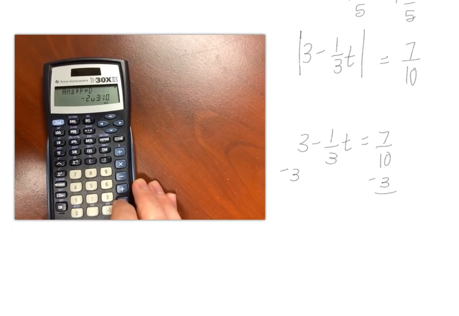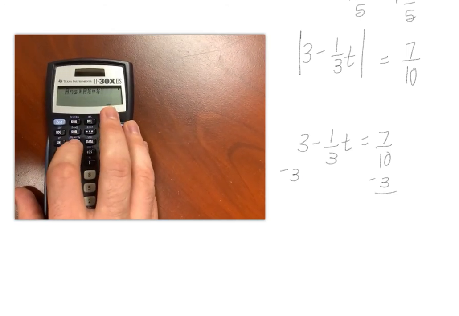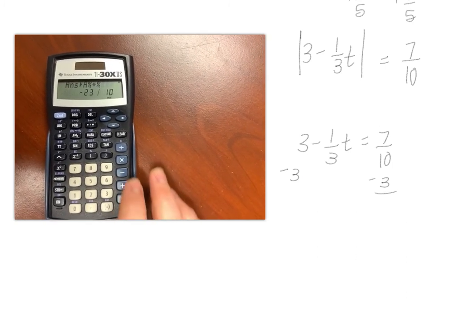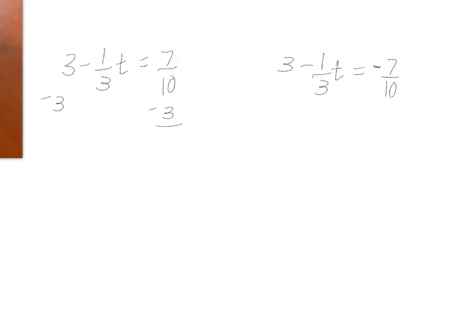That's a mixed number, negative 2 3/10, and then press second, and the key underneath it, ABC key, to get negative 23 over 10. So negative 1/3 t equals negative 23 over 10.